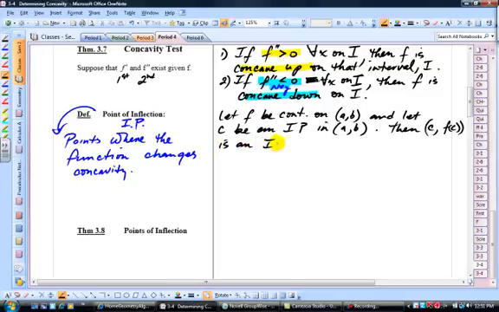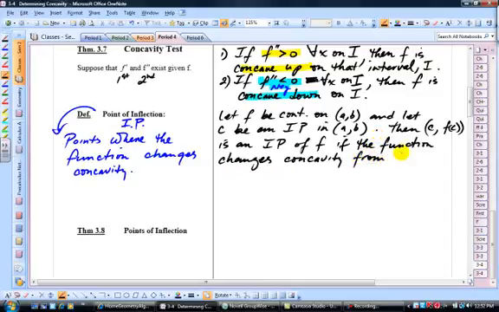Then c comma f of c is an inflection point of the function f if the function, which we're going to call f in general, changes concavity, either from up to down or down to up.